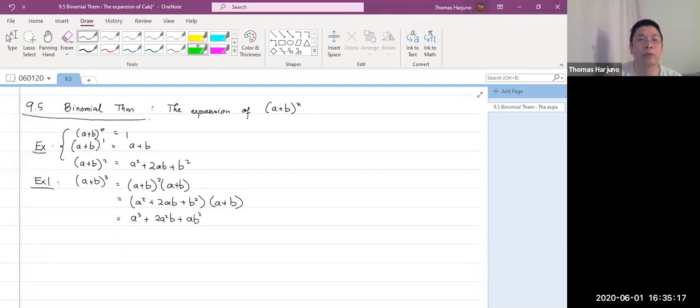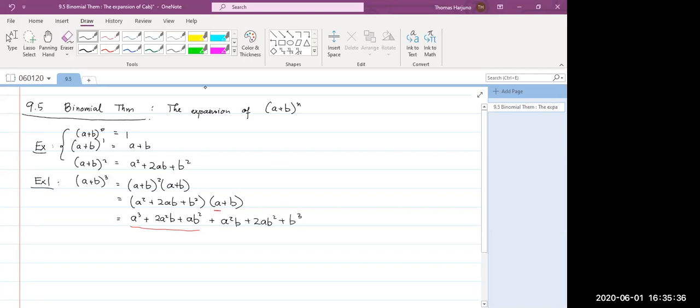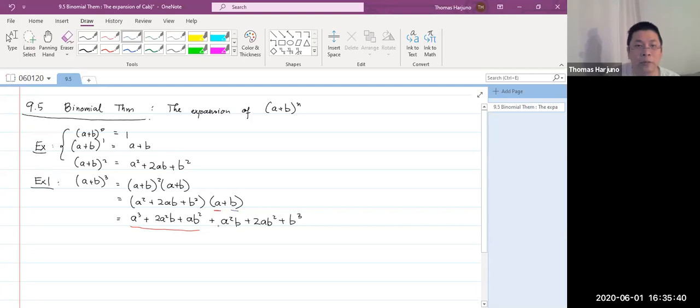That's if I distribute the a. And then when I distribute the b, I get a squared b plus 2ab squared plus b cubed. That's if I distribute the b.